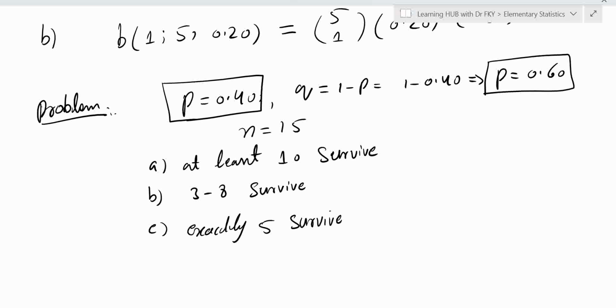This means that at least 10 means x greater than or equal to 10. Remember, we need to calculate this probability. This means that x, the success value, is 3 to 8 including, and exactly 5 means x is equal to 5. So I think now the problem is a little simple.